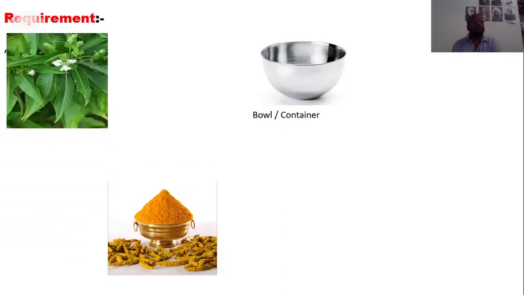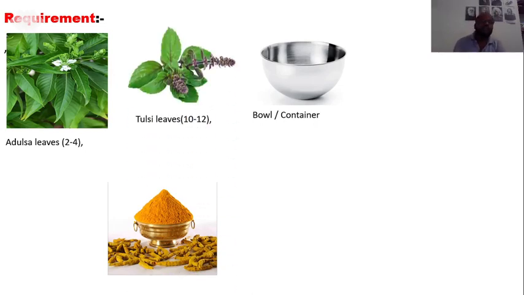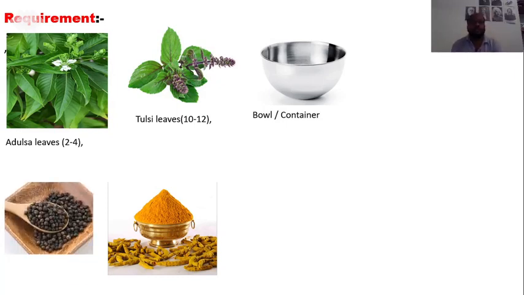So the requirement: this is the first plant material, adulsa leaves, 2 to 4 leaves. Then tulsi, in addition to this, you have to take 10 to 12 tulsi leaves. Then black pepper, 1 tablespoon. Then turmeric, 1 tablespoon.